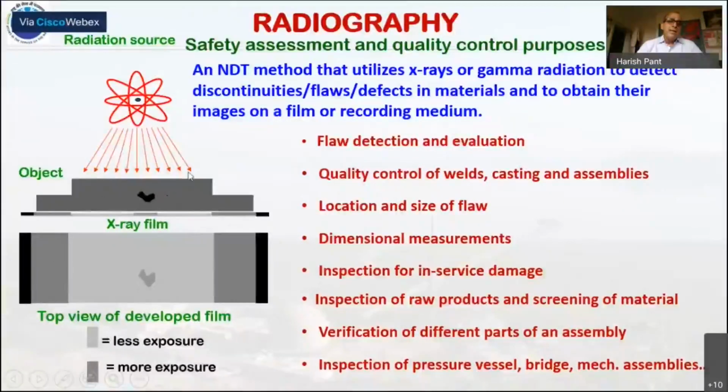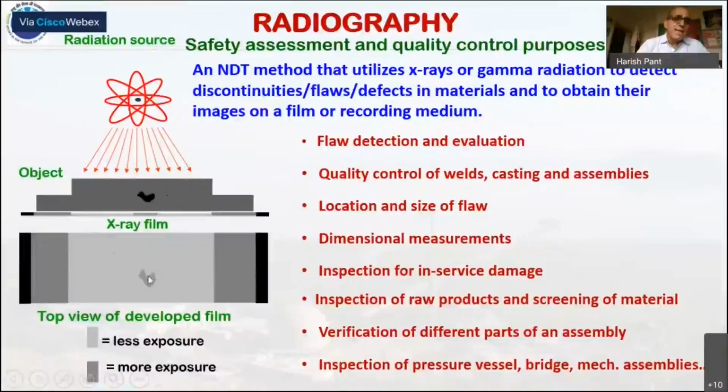In the middle, again the film was not totally blackened. It was lesser blackened, and this indicated that here it is less exposure. Here it is a higher exposure, and here it means the maximum exposure.